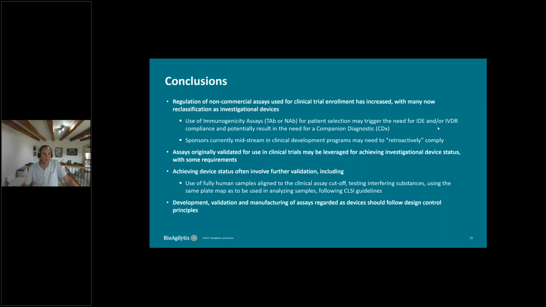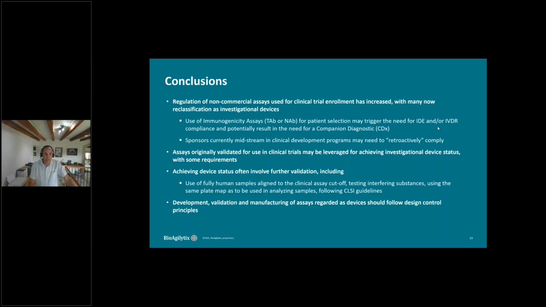So yes, I'll wrap up the key takeaways from today's webinar before we move into the question and answer session. As I heard today, the regulation of non-commercial assays used for clinical trial enrollment has increased, and many of these assays are now reclassified as investigational devices.